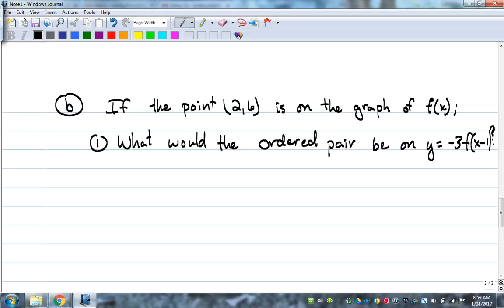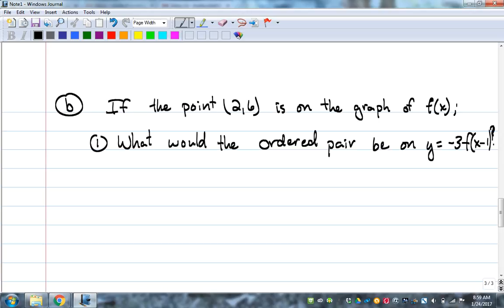So we're doing a transformation here on that one ordered pair. Not necessarily on a parent graph, but just on that ordered pair. So you've got to think about what each of those things is doing. The minus 1 is happening to the x. The times negative 3 is happening to the y values.